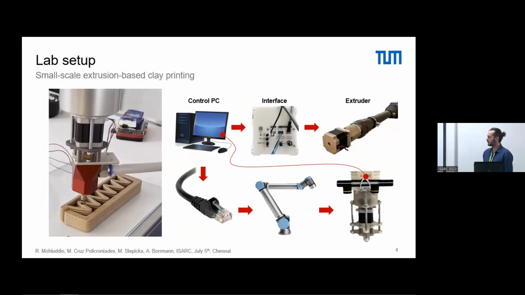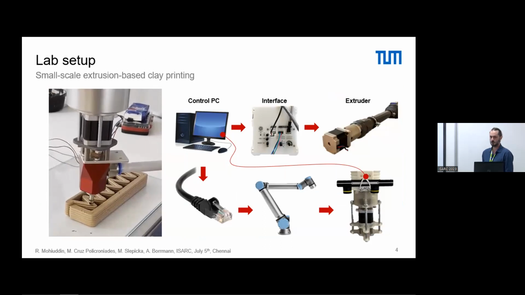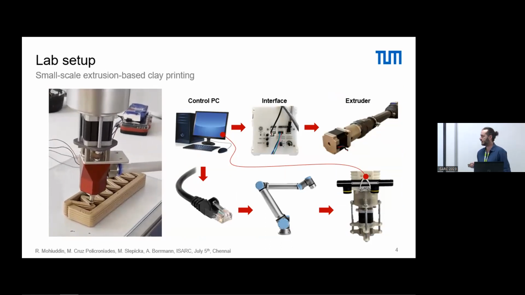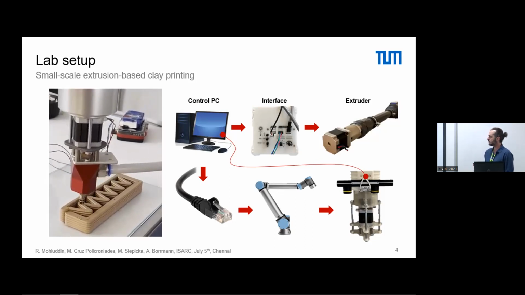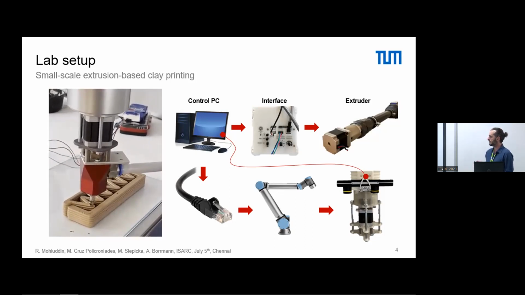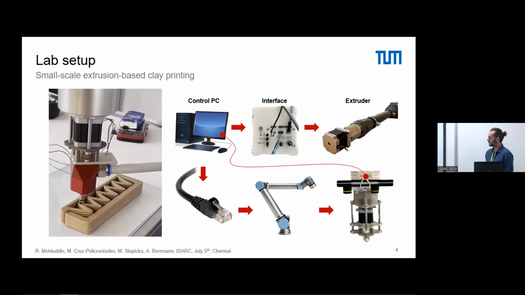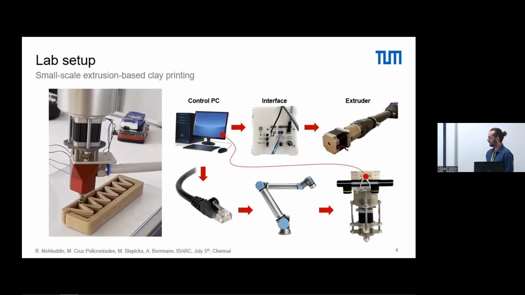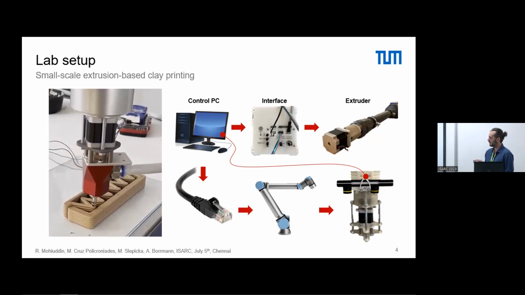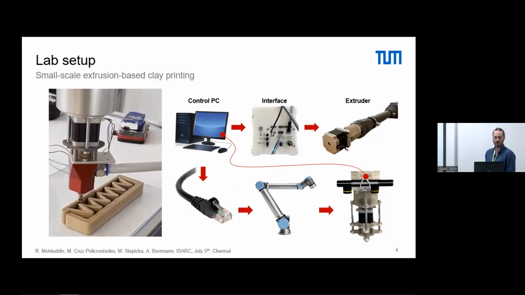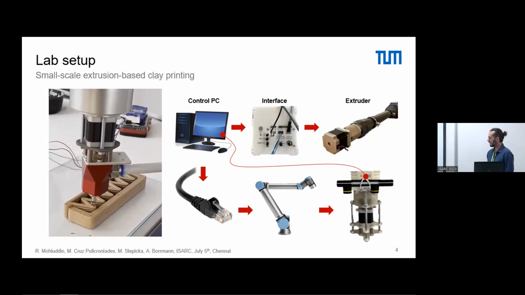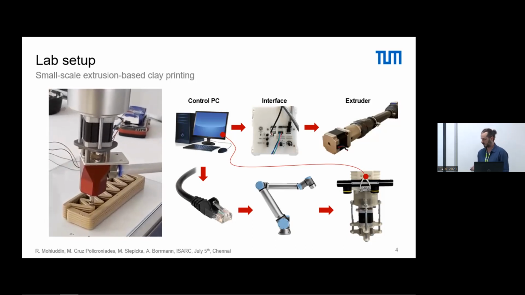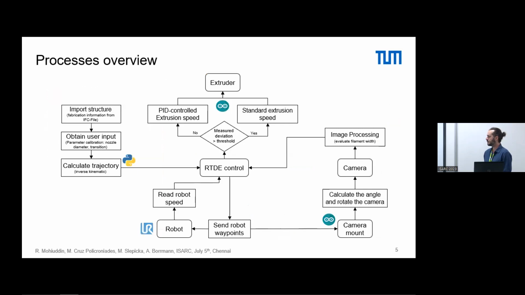We have a control system that is run with one control computer, which is a simple laptop or any kind of simple computer, connected to the control interface for the extruder via a module system and connected to the robot via Ethernet. Via USB, we also have a camera connected. Although this is a depth camera, we only use the optical camera detection for this process.